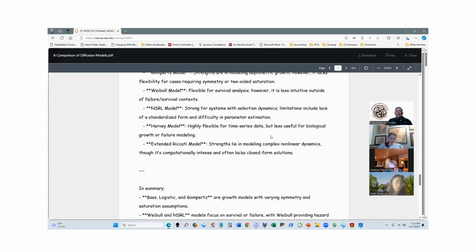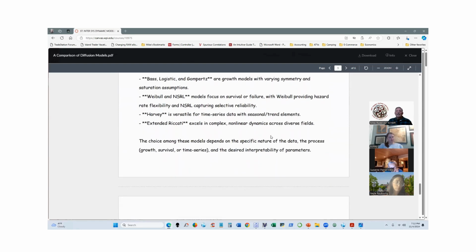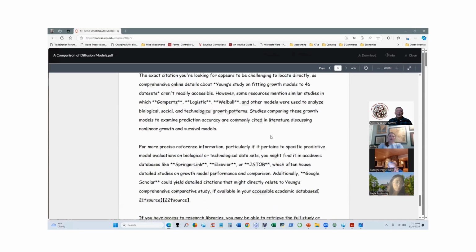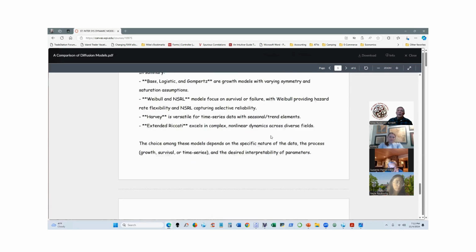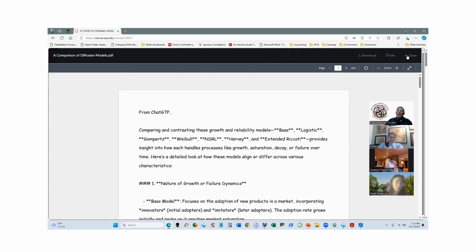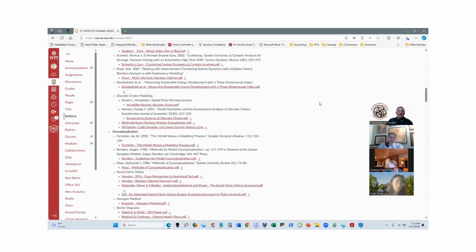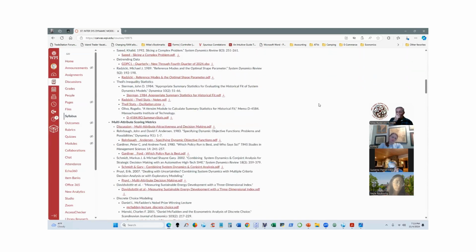Strengths and limitations. And in summary, it tries to sum up for us here. Anyway, I just thought that was kind of fun. Is the Bass model the only starting point here, or are there others? There are others, and they apparently have strengths and weaknesses.